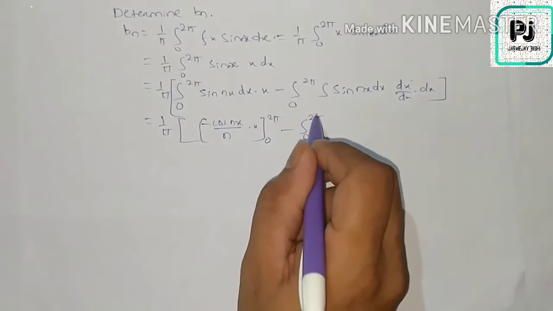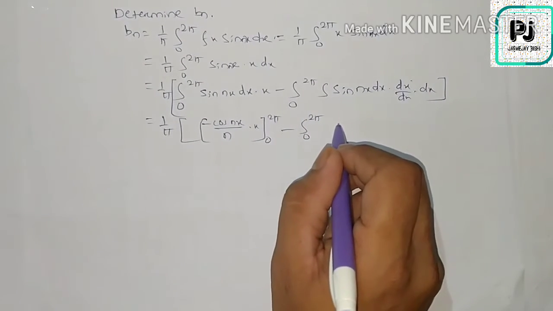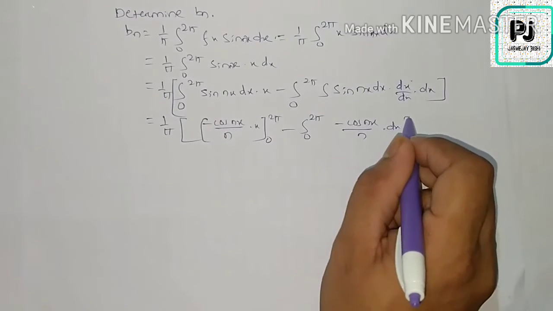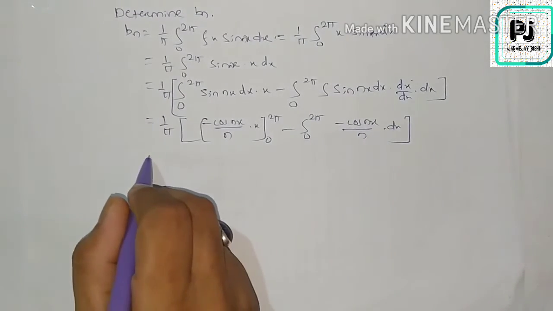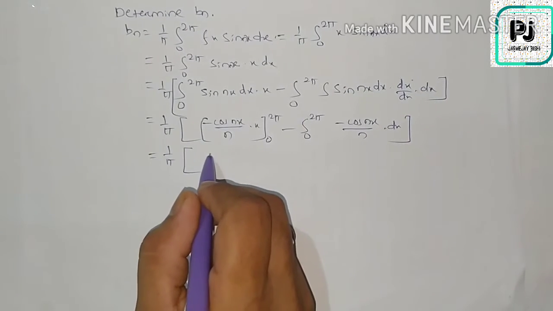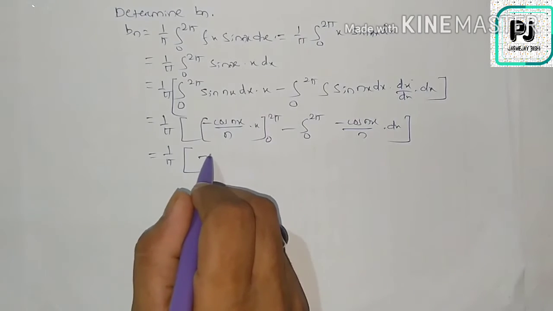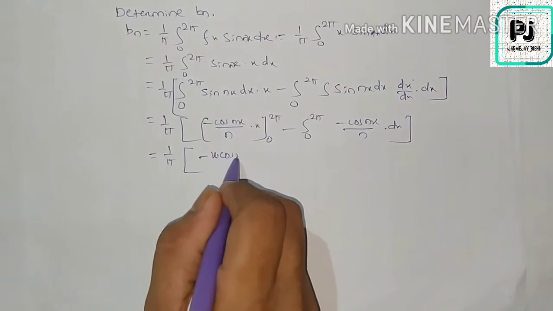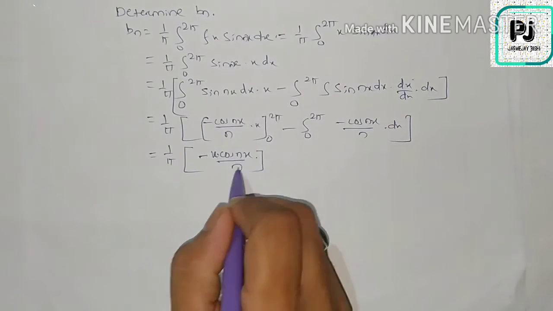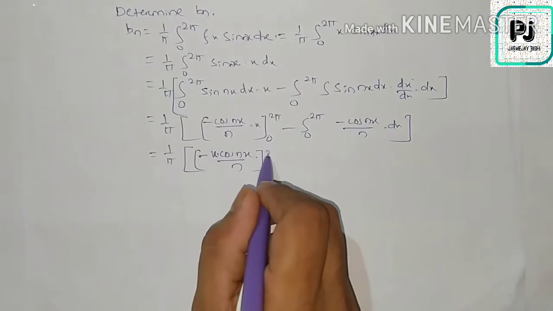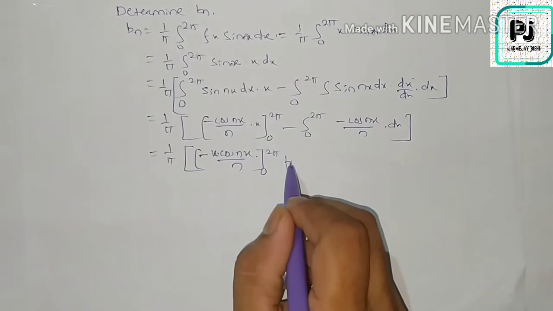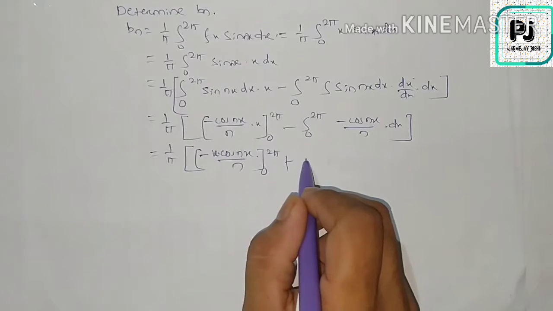Now 0 to 2 pi, the integration of sin nx will be minus cos nx divided by n into dx by dx, and dx by dx is equal to 1, the bracket complete. Now 1 by pi, minus cos nx, we put the value here, in place of x we put 2 pi: minus x cos nx by n, bracket, 0 to 2 pi, minus, we can write this minus into minus, that is plus.